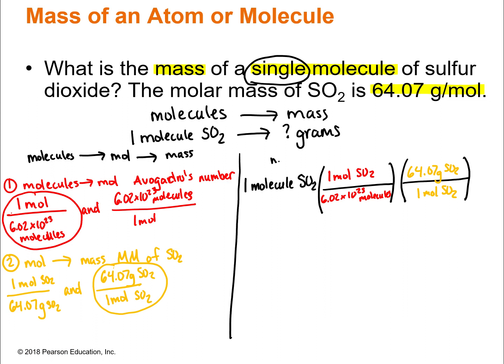In our plan, we've got molecules to moles to mass. We get rid of molecules and we're left with moles. Then we get rid of moles and we're left with grams. Take 1 divided by 6.02 times 10 to the 23rd and then multiply by 64.07.